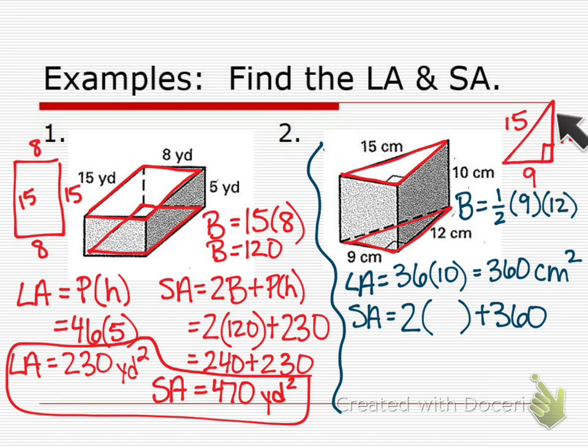So remember, we're just focusing on that little triangle we drew off to the side. Okay, I think we've already calculated this once today. 54. Capital B is equal to 54. Remember, if you don't have a calculator, you can take half of the 12 first and then multiply it to the 9 if that makes it easier.